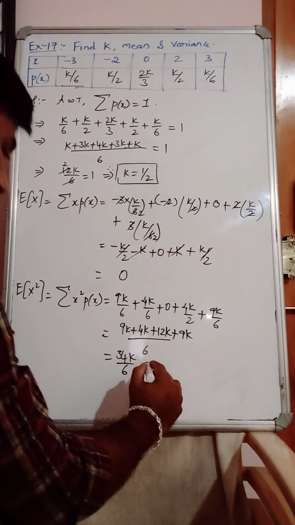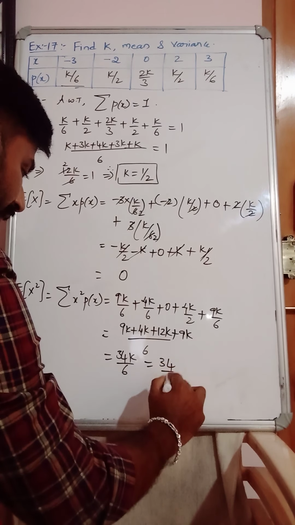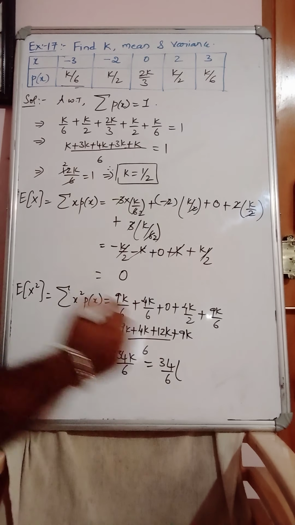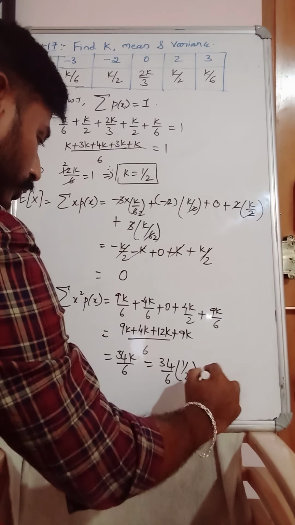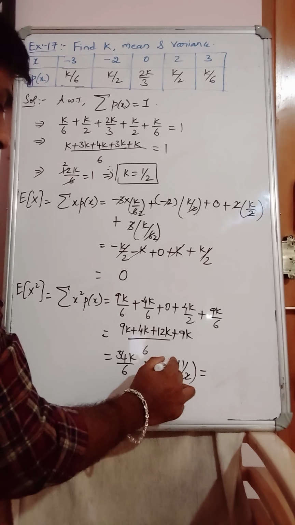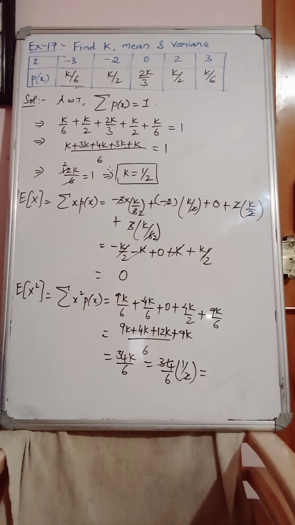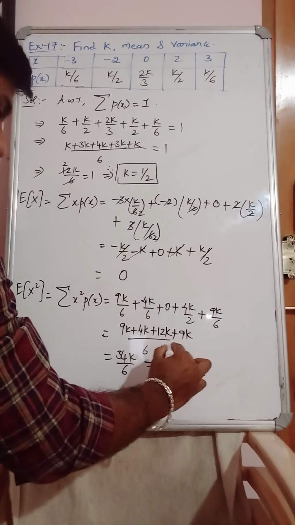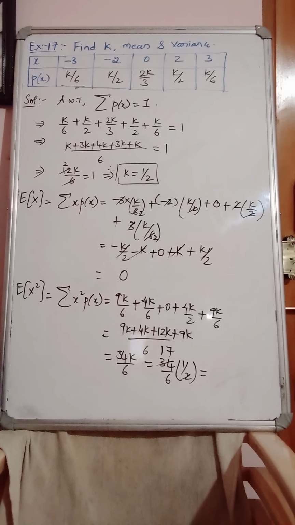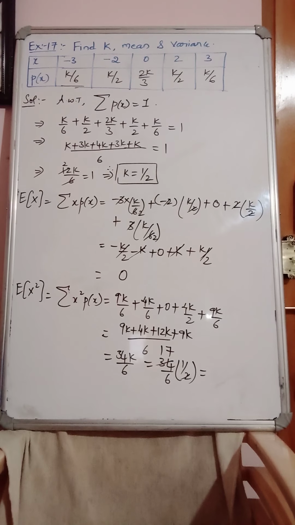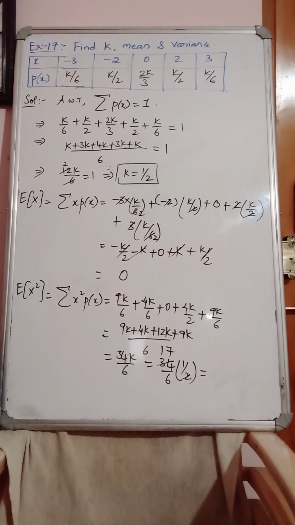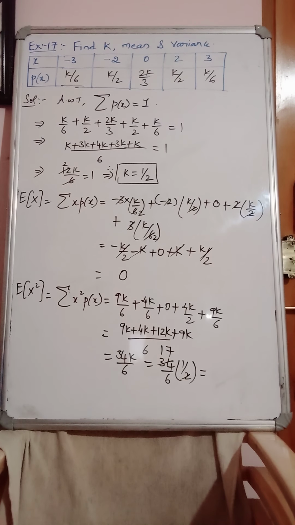So this is the value. 34k by 6 means 34 by 6 into k value, how much? 1 by 2. That equals 2 ones are 2, 2 17. How much is the value, guys? 17. Am I clear?